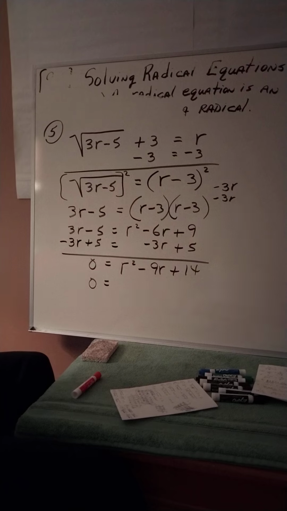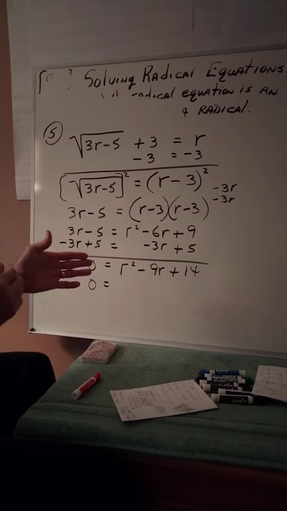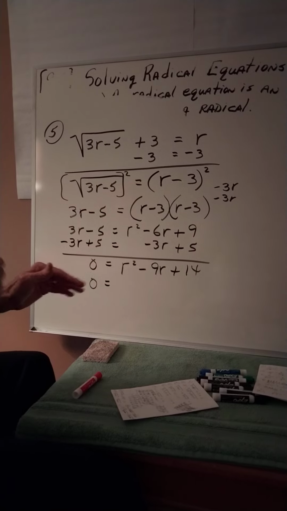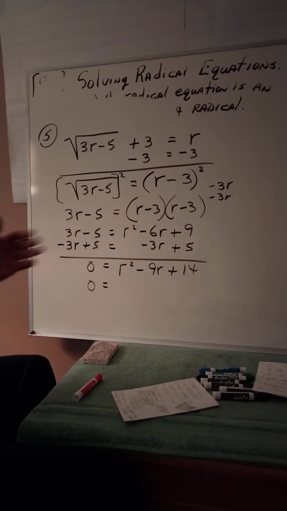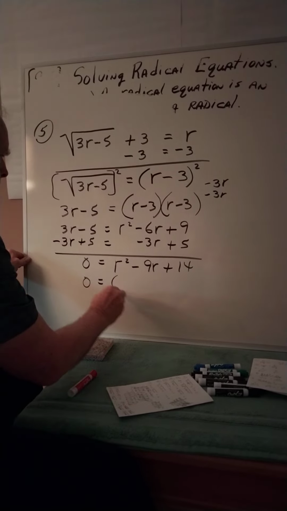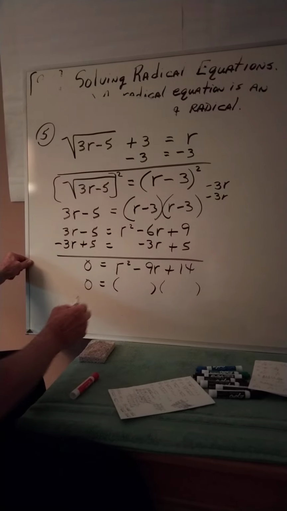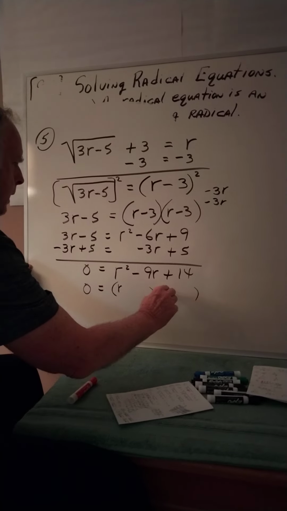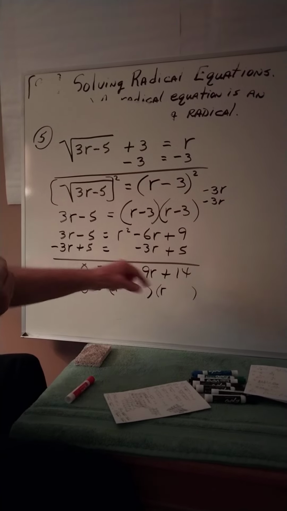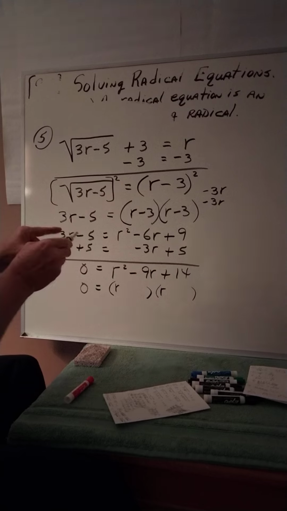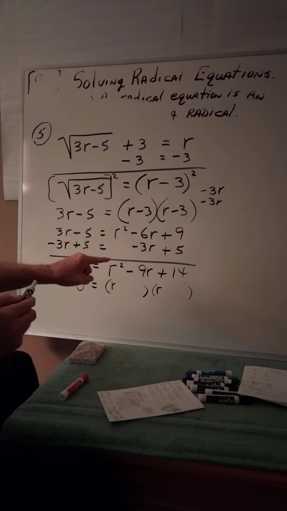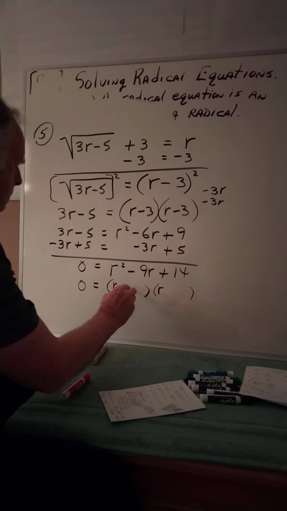We factor the trinomial that's on the right-hand side. GCF, nada. 4 terms, no. Trinomial, yes. AC, we don't need it. It's 2 binomial factors. They each must begin with an R. The sign of the last term is positive. That means both binomial factors are going to be the same sign, and they're going to carry the sign of the middle.